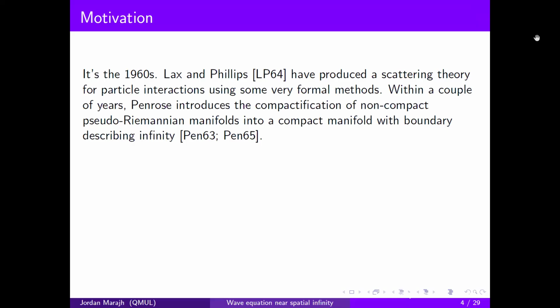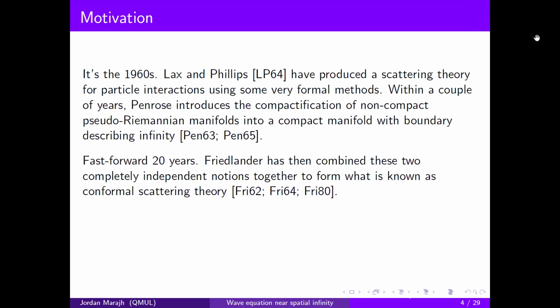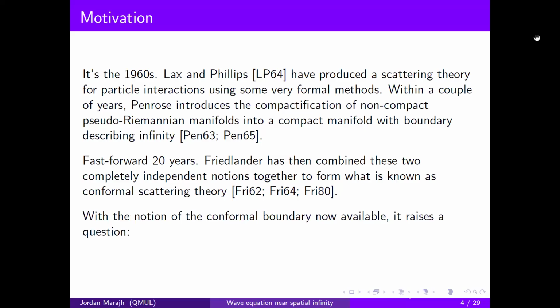So apologies if this is slightly boring. But then, you fast forward 20 years, and Friedlander comes along and combines these very independent notions together. And this is what we would look at today as a conformal scattering theory.